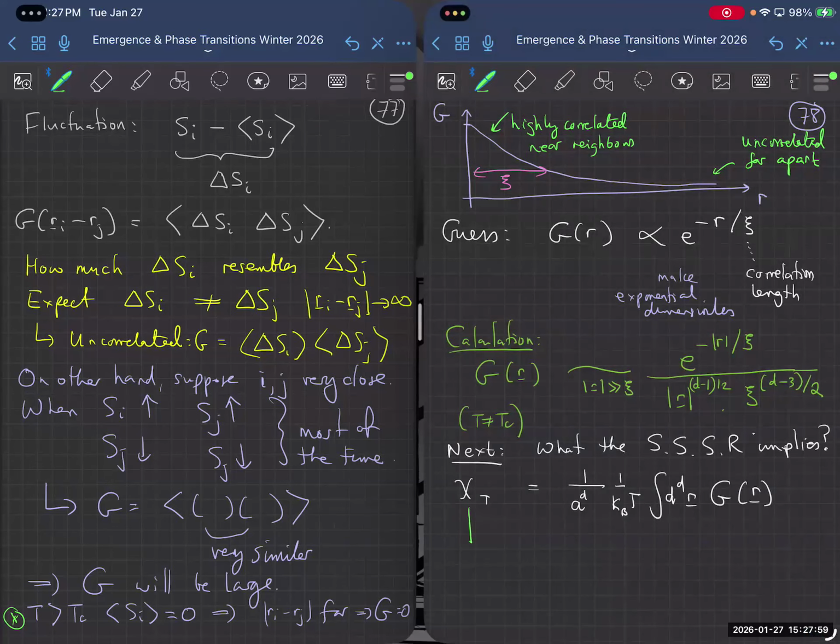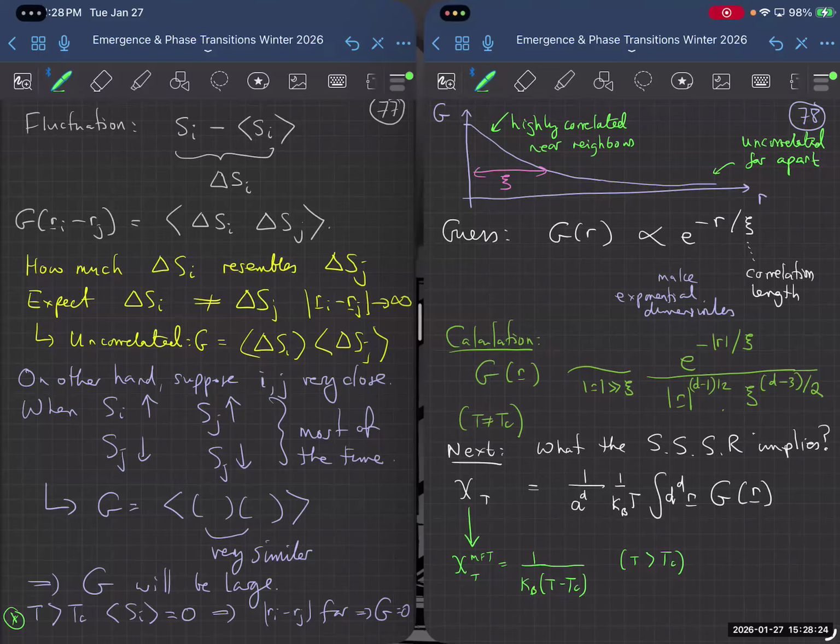This thing we proved last time, that chi, at least in mean field theory, goes like 1 over kB times t minus tc, at least for t greater than tc. And in the homework, I think you calculated what happens below tc, right? Yeah, okay.